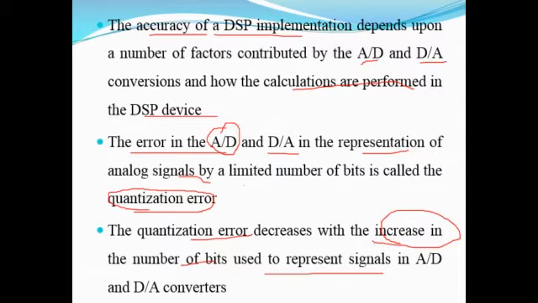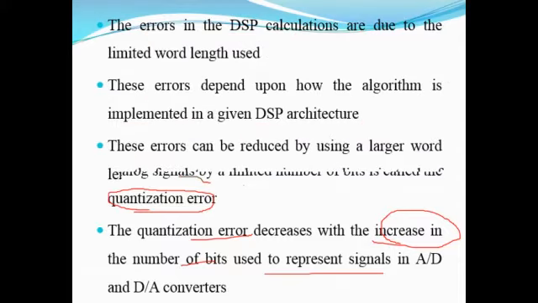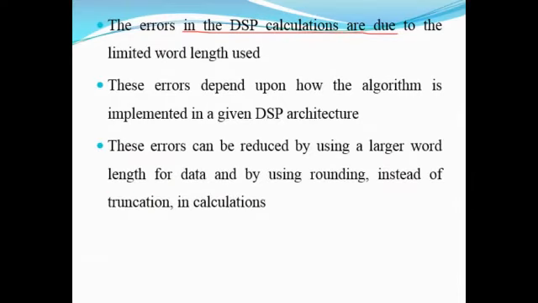So that is very important when we consider this quantization error. Then there are errors in DSP calculations due to limited word length. So we have to take care of that whenever we consider any DSP calculations to be done. The word length of a particular sequence should not be limited. Then these errors also depend on how the algorithm is implemented in a DSP architecture.